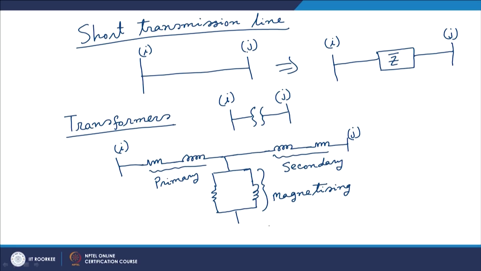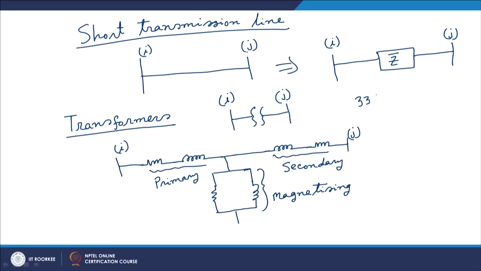Now, here we must note one thing, that we are drawing this circuit in per unit, because until unless we are drawing this circuit in per unit, we really cannot connect this primary side as well as the secondary side together. As we all know, if this transformer is rated, let us say 33 by 400 kV, then the absolute value of impedance level would be totally different.